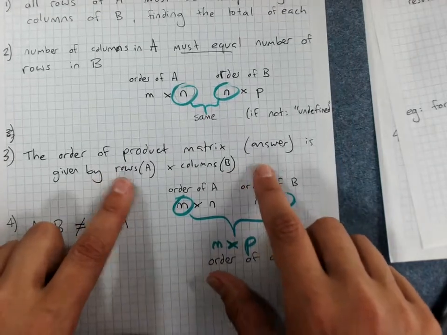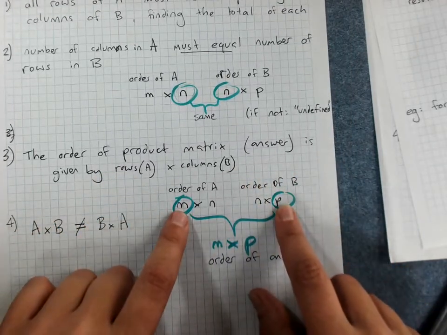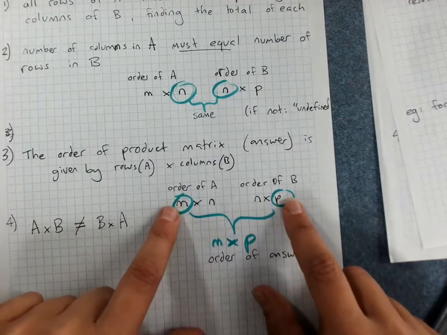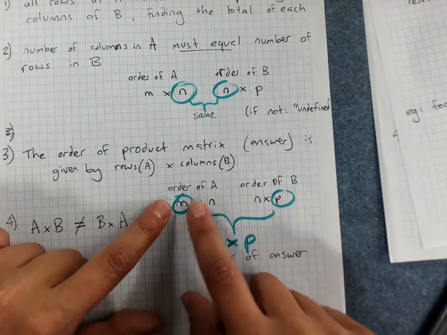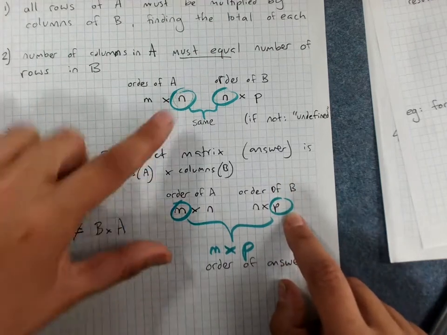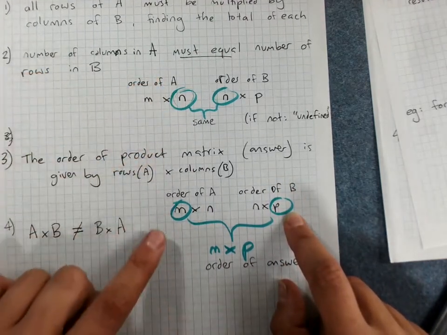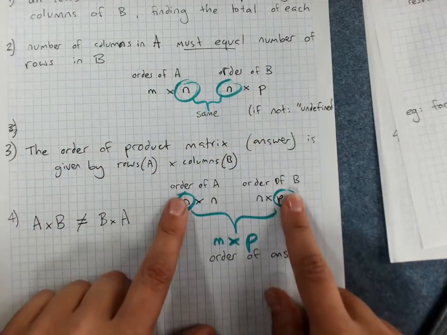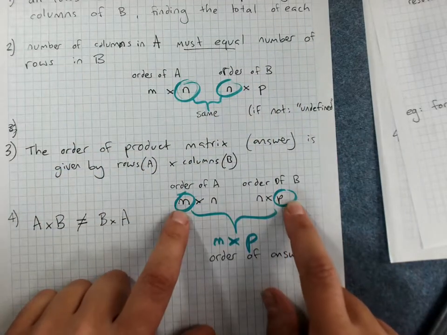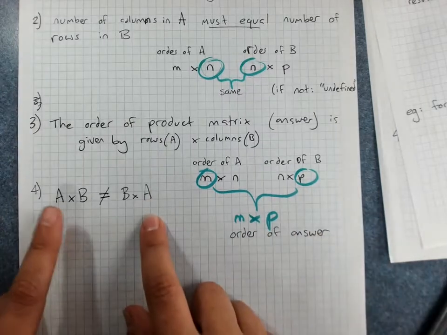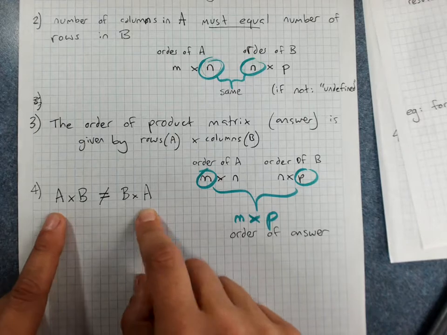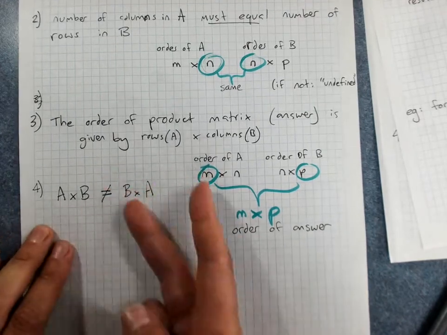We know then the size, the order of our answer matrix will be given by the number of rows in the first one and the number of columns in the second one, and it's honestly easiest to write it out like this to check. If the inside ones are the same, great, this will make the answer matrix. And matrix multiplication is not commutative. That means you can't multiply both ways and get the same answer.